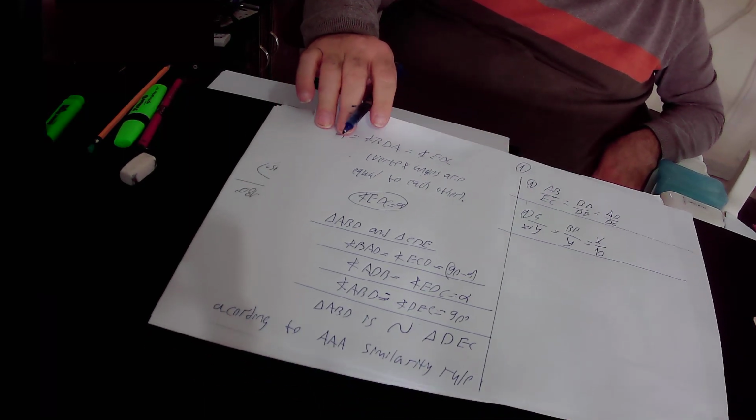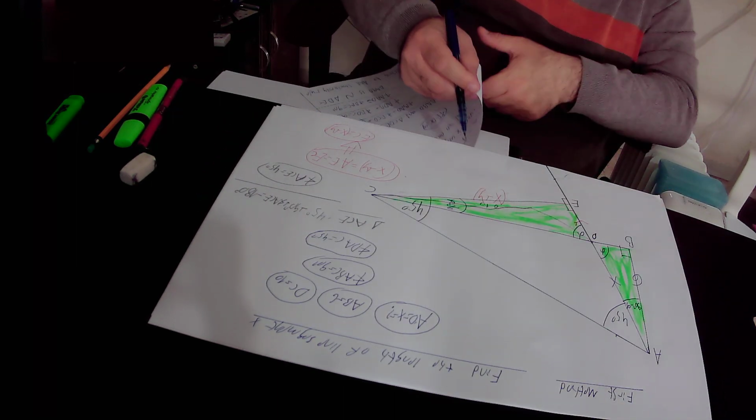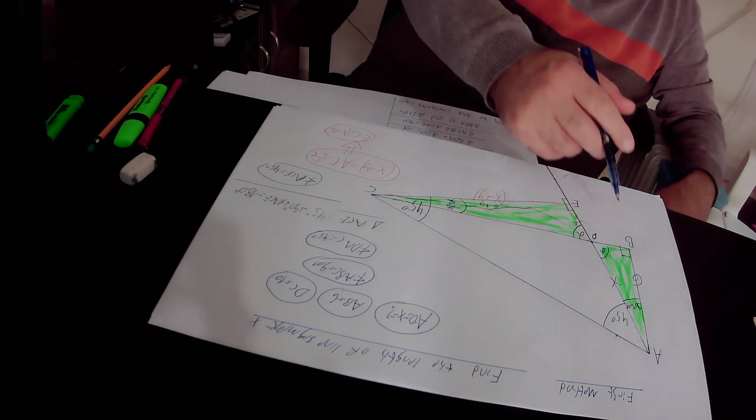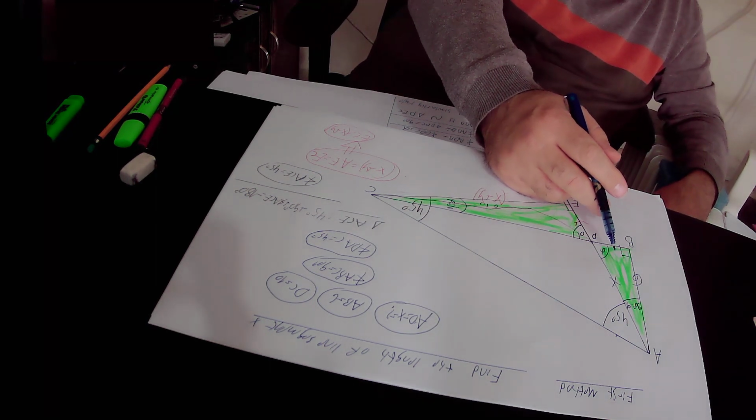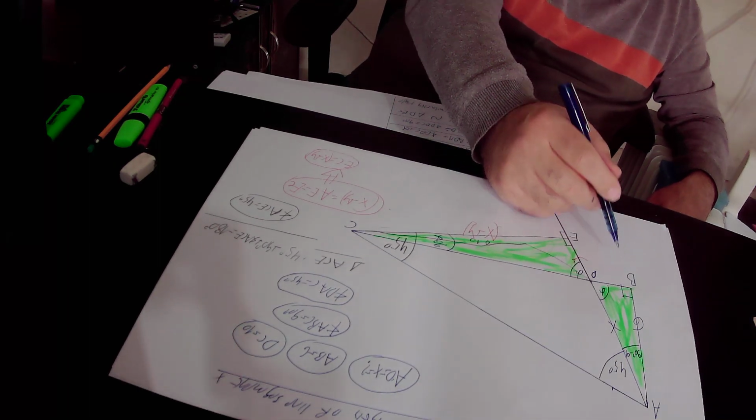In the next step, we will find the size of line segment BD by implementing the Pythagoras theorem on this green right triangle, triangle ABD.